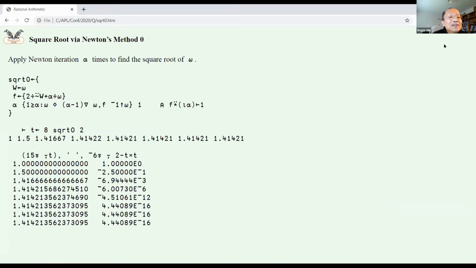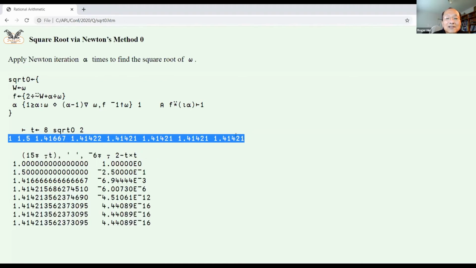Okay, next example is square root using Newton's method. As you know, square root is not a rational function, but we can get rational approximations to square root values. So here is square root 0, working on ordinary numbers. I apply Newton's method 8 times to find approximations to the square root of 2, also on ordinary numbers, and I get this.